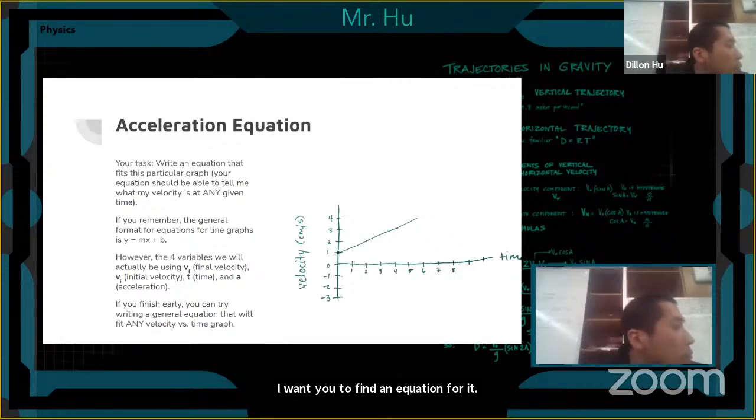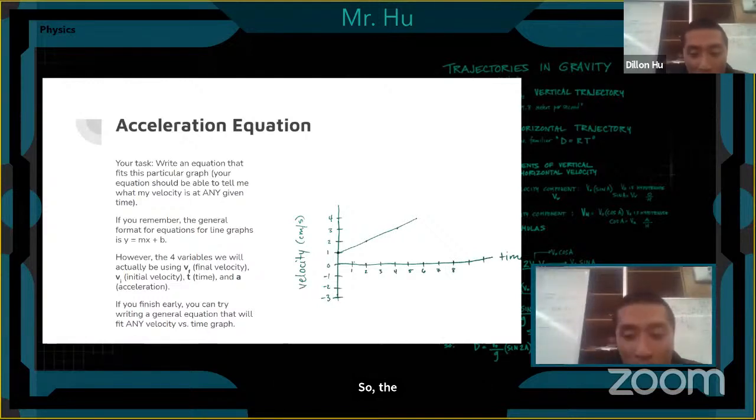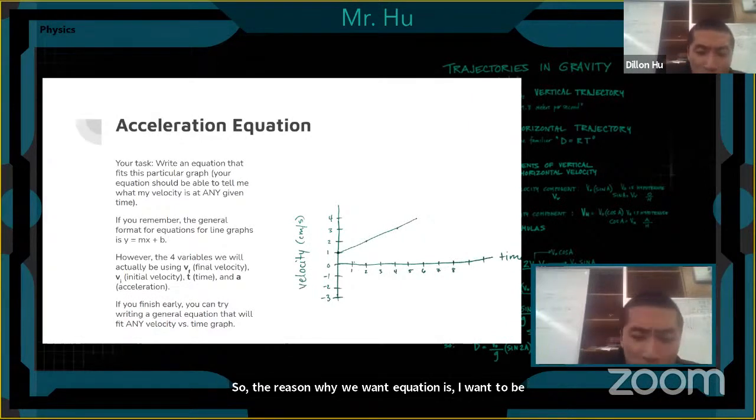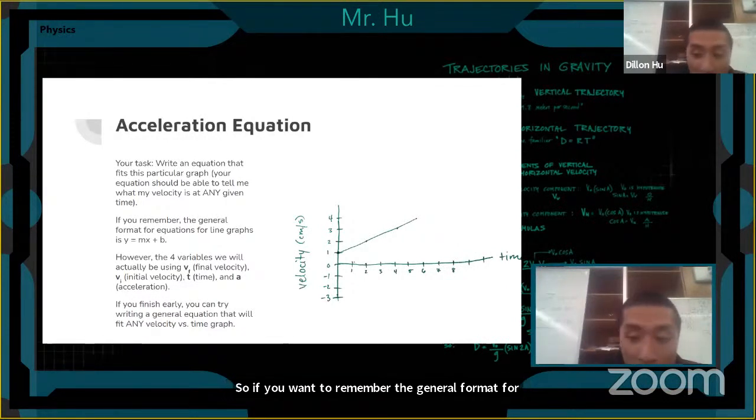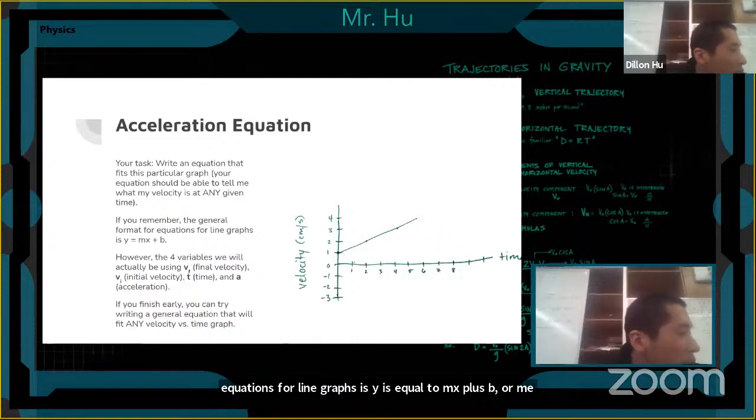The reason we want an equation is so I can figure out what my velocity is at any given time, just like we did earlier in that table. When we had the table, we were able to figure out our velocity at any given time. We want to do the exact same thing here. If you want to remember the general format for equations of line graphs, it is y is equal to mx plus b, where m is your slope and b is your y-intercept.